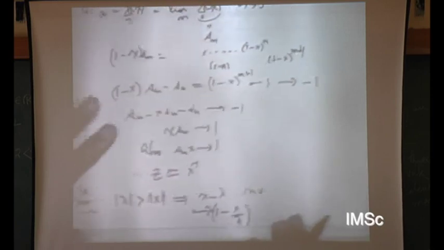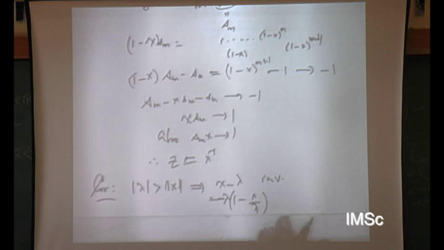Okay, so what this has shown is that the entire complement of the disk of radius norm x about 0 is contained in the so-called resolvent of x. That is the complement of the spectrum.